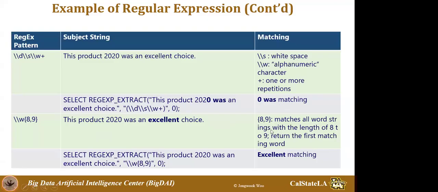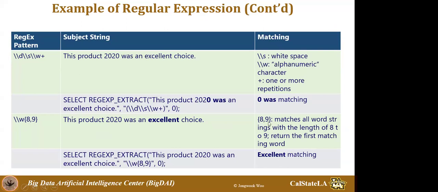Okay. And then same as you did for digit, for W, like for alphanumeric character, you could put number with the curly bracket, especially with the comma.